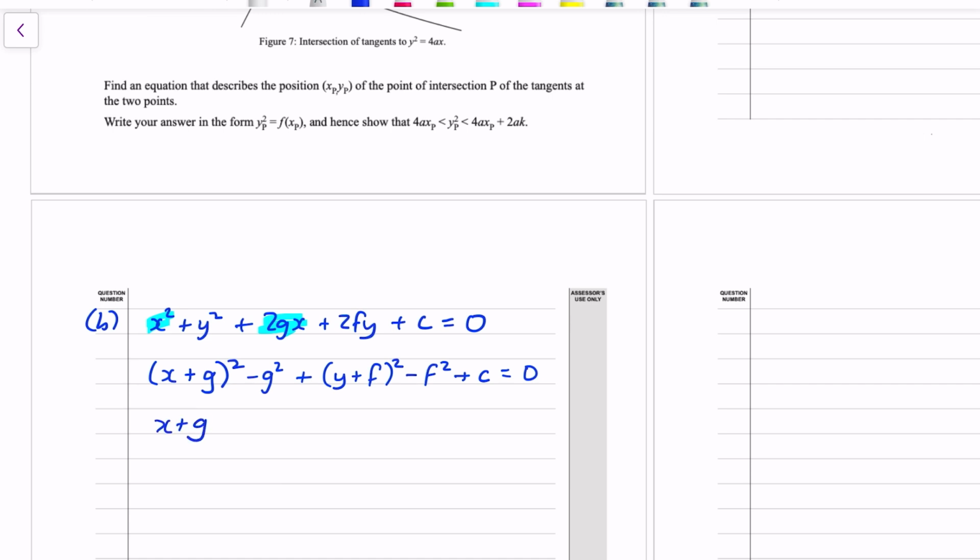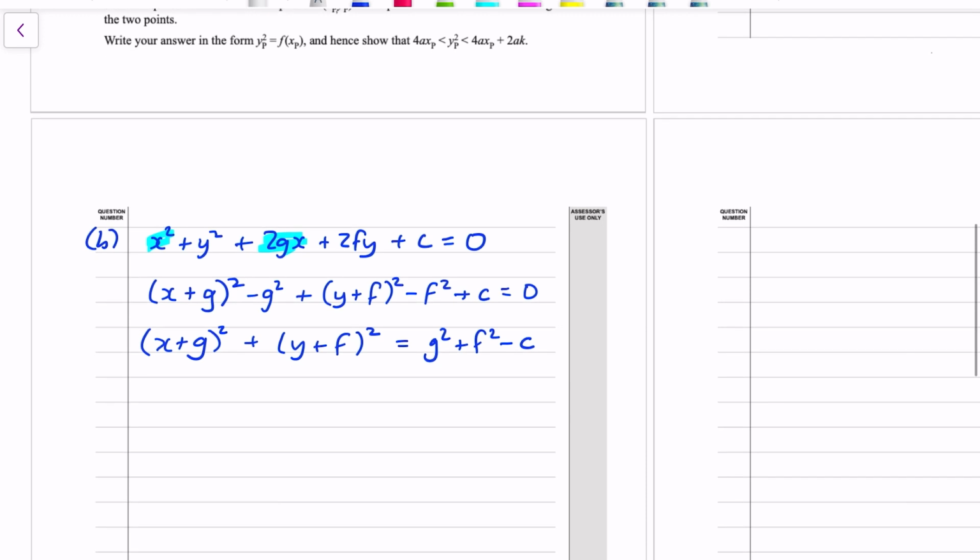Move the constants all to one side, to the right hand side of the equation. That's going to be related to the radius of the circle. Going to have g squared plus f squared minus c. Now that's in a standard format for a circle. The format I'm talking about is usually written like this, where the centre is (a, b), the radius r.